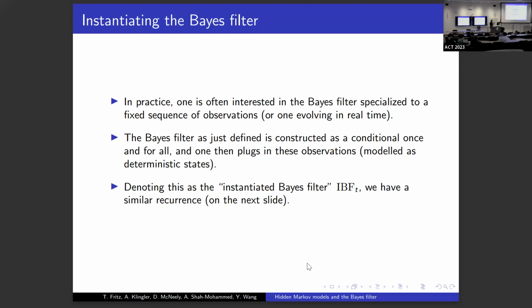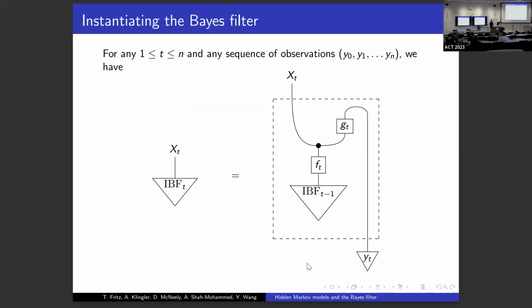So this also has a similar recurrence, which looks like this. We're doing a very similar thing where we get a prior, but this prior now has all the previous observations in it already. We transition, observe, and condition. And the nice thing about the way this is written is that you could imagine you're doing this kind of estimation in real time. As you obtain the observations, you're simultaneously running this recursive process and getting the estimation.